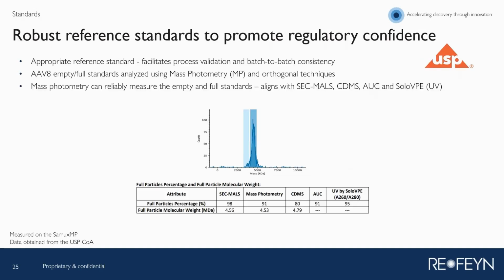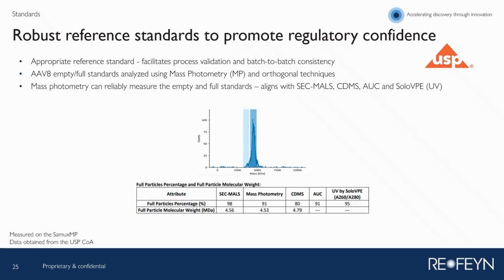There's a well-known lack of gene therapy standards in the industry, which causes inconsistencies in the ways assays are performed and how manufacturing processes are monitored across labs. So having appropriate gene therapy standards is key because it facilitates process validation and also helps keep track of batch-to-batch consistencies.